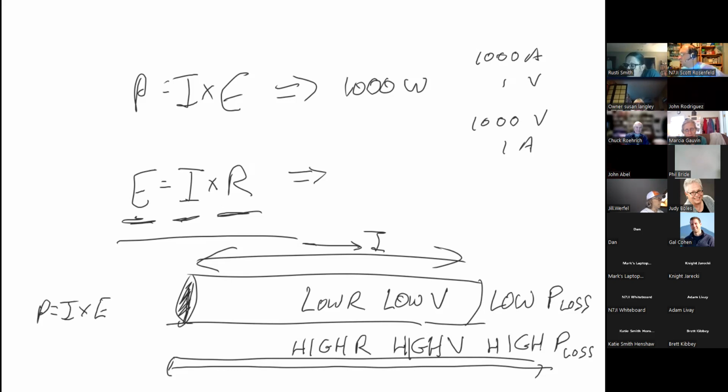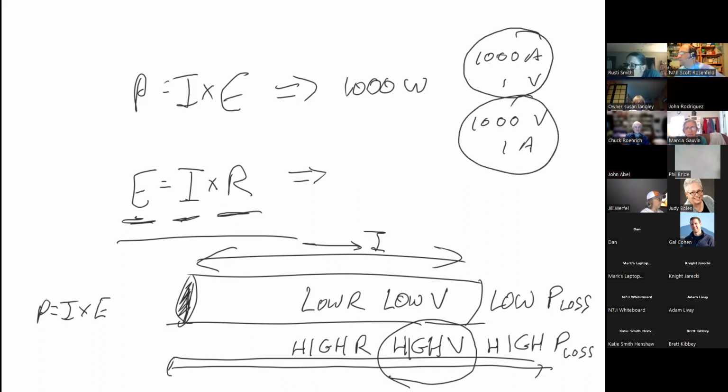So basically, you would go with thin power lines and very, very high voltages, because that keeps your currents down. So that is why you have a choice. You can either do this or this. That is much more popular.